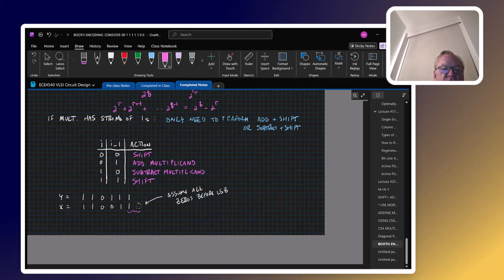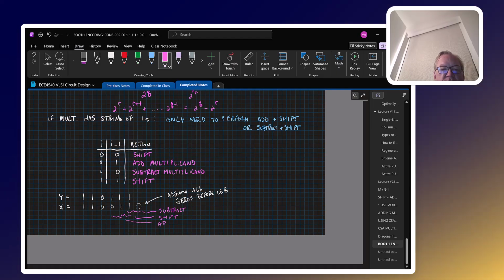This would mean a subtract. Then we have a 1 1. This is a shift. Then we have a 0 1. This is an add. Then we have a 0 0, which is a shift. And we keep doing this throughout the entire number.